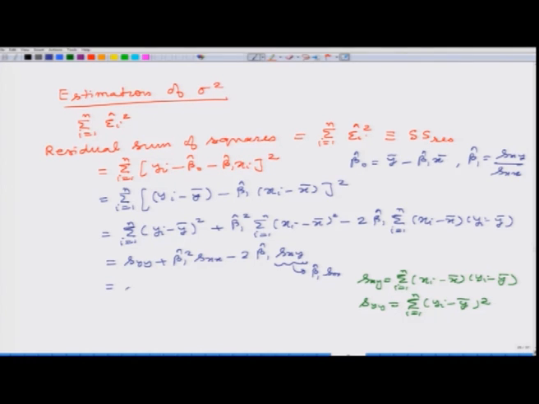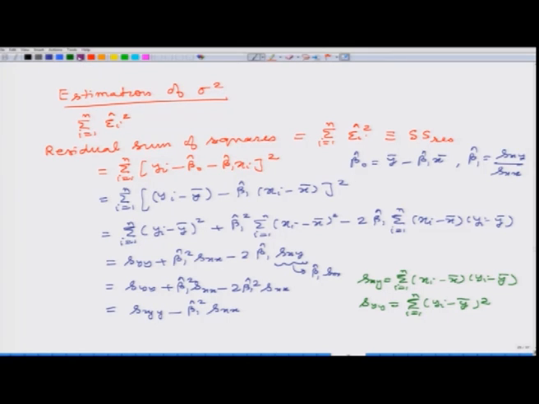So, this becomes Syy plus beta 1 hat square Sxx minus twice of beta 1 hat square Sxx. So, this can be written as Syy minus beta 1 hat square Sxx. This is one possible form.